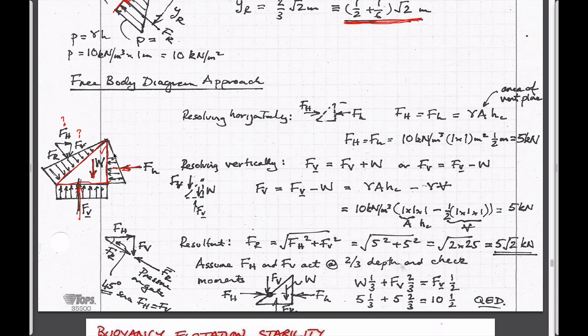We can certainly calculate the magnitude of FH from knowing what the area of this side is and multiplying that area by the average pressure. And we can certainly get the average pressure at this depth of 1 meter. The pressure here has to be equal to the depth of the centroid of this plate, which is sitting here, times the unit weight, times the area of that plate.